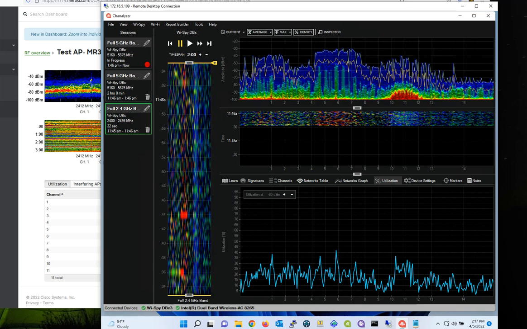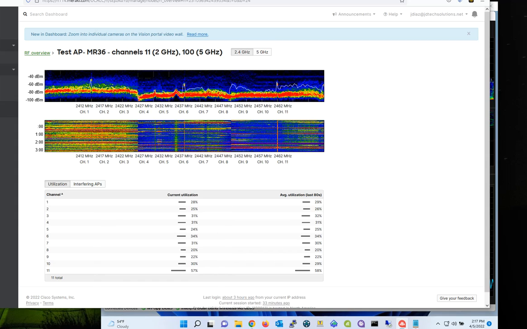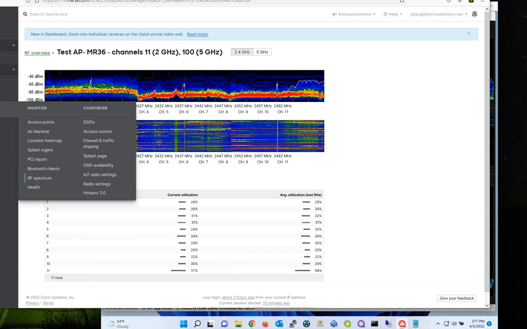If you have a Meraki network, I'm sure that maybe at one point you came over this, but we're going to go over the different settings and how to use them to help you monitor and troubleshoot your Wi-Fi network.